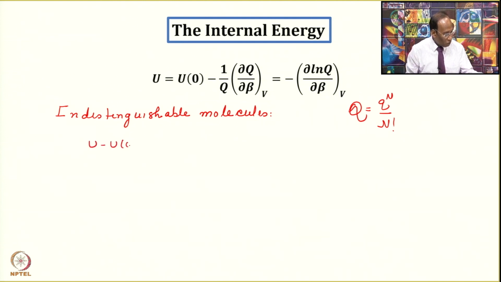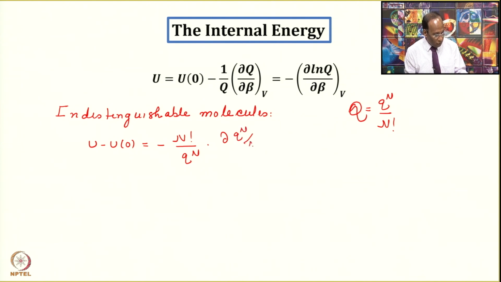U minus U0 from this expression is minus 1 by Q into derivative of Q with respect to beta at constant volume, that means minus N factorial over q raised to the power N, into derivative of q raised to the power N over N factorial with respect to beta at constant volume.